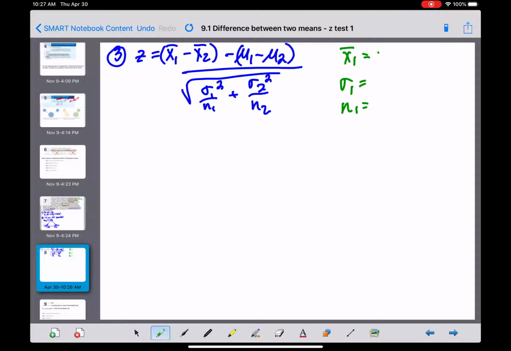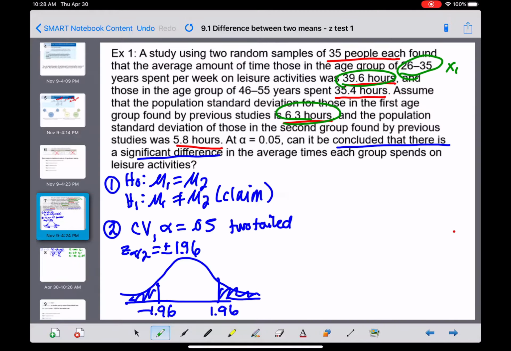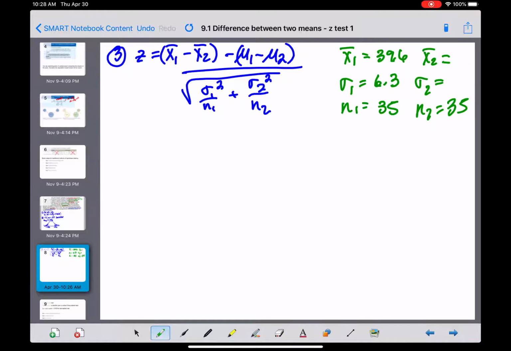So 39.6, 6.3, and 35. Then we need x2, sigma 2, n2. We know n is 35, and then we go back: 35.4 and 5.8.